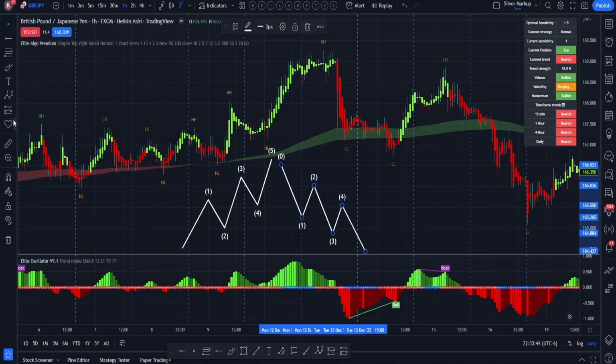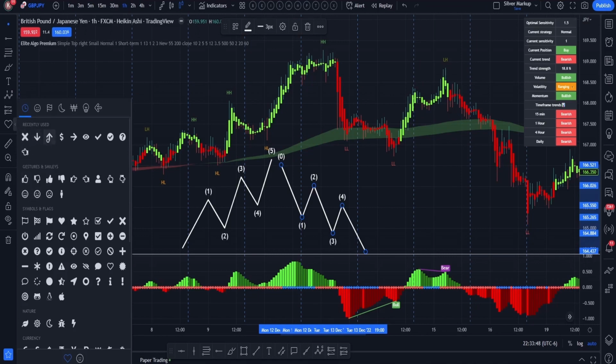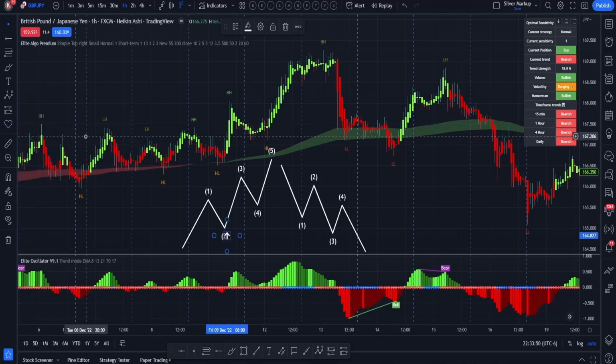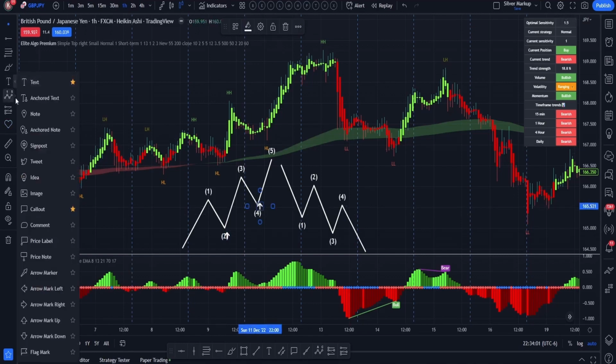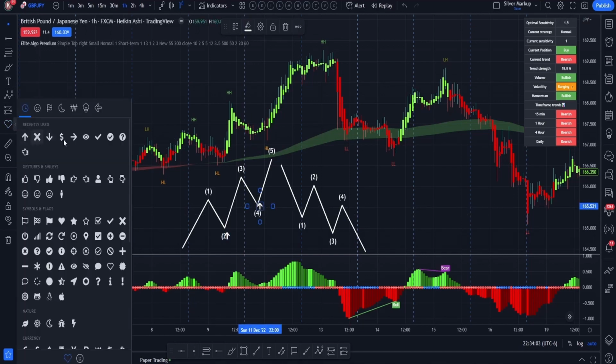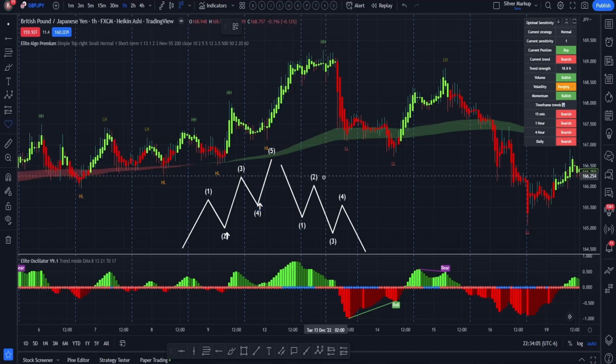So the optimal point for you is to try to trade after a higher low is created for an uptrend, something similar to that, or trading when there's a lower high present for a downtrend. After that is completed, that's what we're looking for.